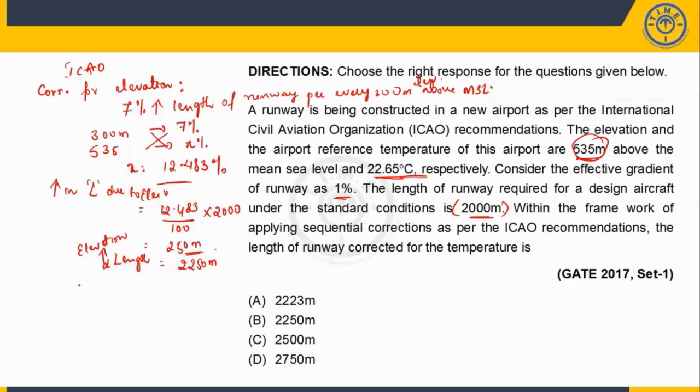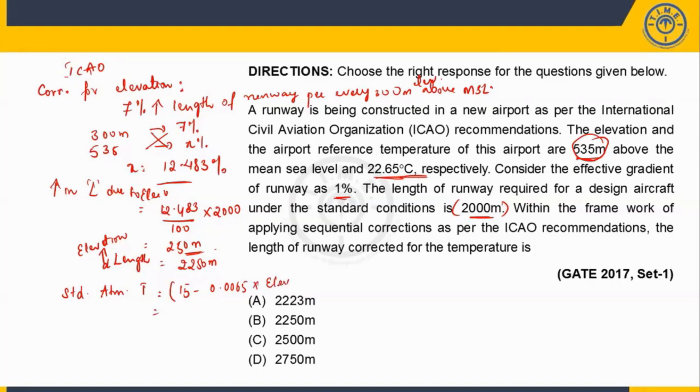Before doing the temperature correction, first we need to know what is standard atmospheric temperature. Standard atmospheric temperature is given by the formula 15 minus 0.0065 into elevation.